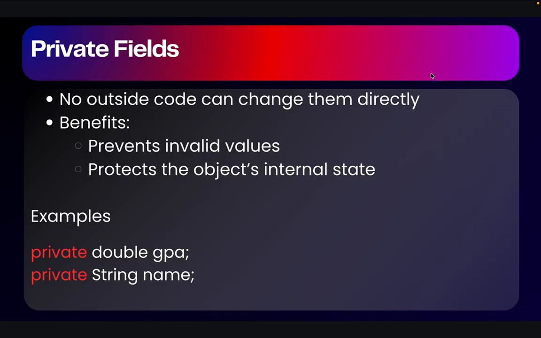That helps you prevent invalid values, overriding, or changing the internal state. An example of that is placing the private access modifier in front of your data type, followed by your variable name. In this case, we have private double GPA and private String name, which means they are only accessible to the class they are in.